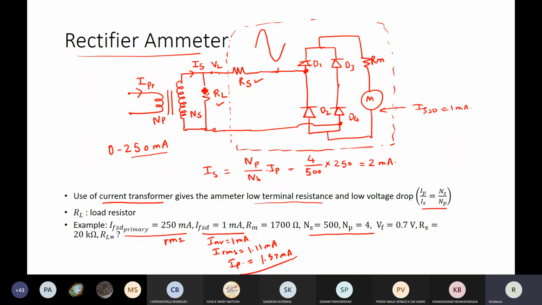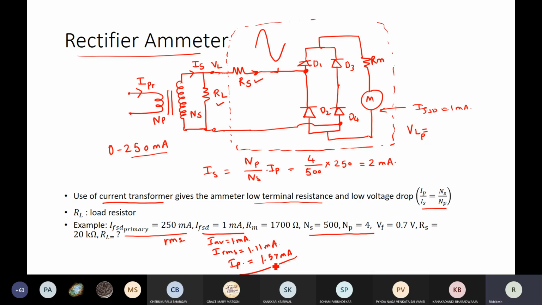Now, what will be the value of VL peak? It is the peak current flowing through this, and this same current is flowing through the meter, right?